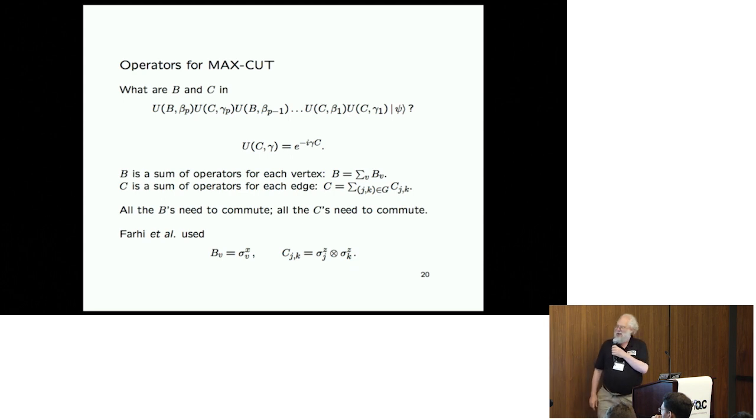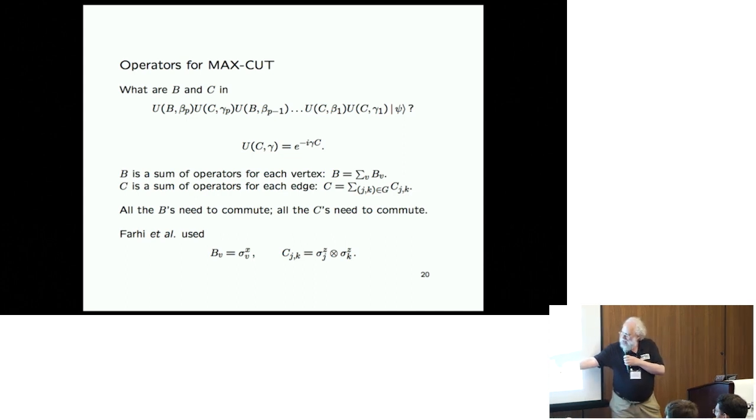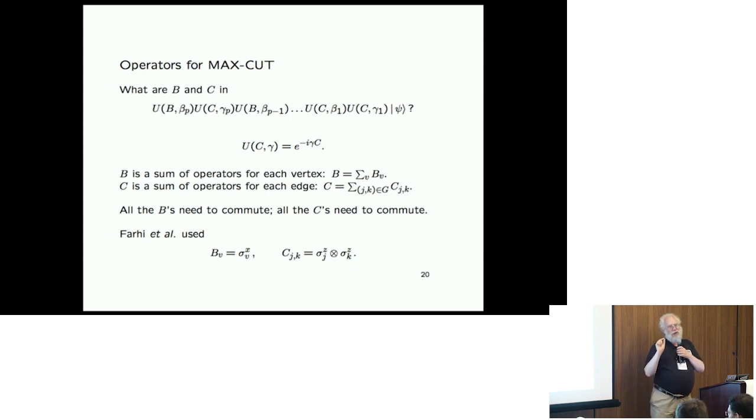And since the C's are sigma Z, you can easily check that sigma Z across one edge commutes with sigma Z for another edge, and similarly the operators B just depend on the vertex, and an operator on one vertex automatically commutes with an operator on a different vertex.